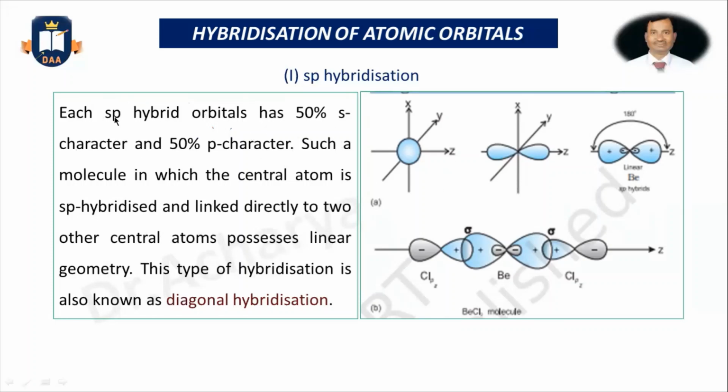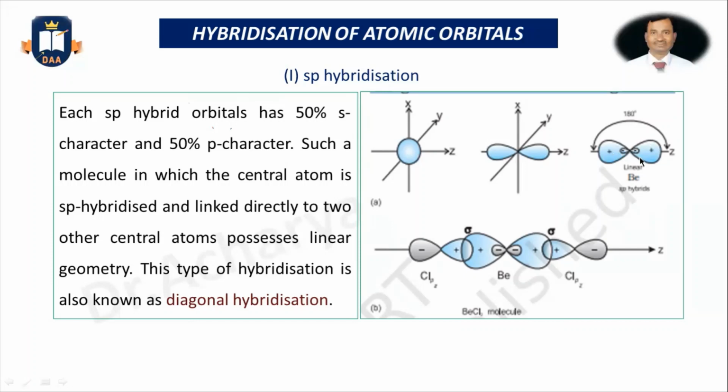So sp hybrid orbitals have 50% s character and 50% p character. The s character in these hybridized orbitals is 50%, and the p character in these hybridized orbitals is also 50%.